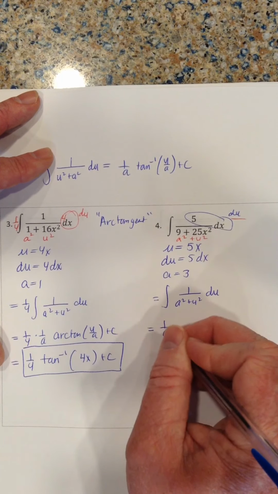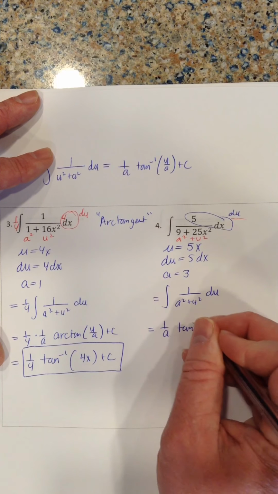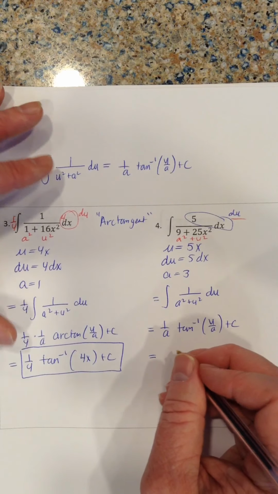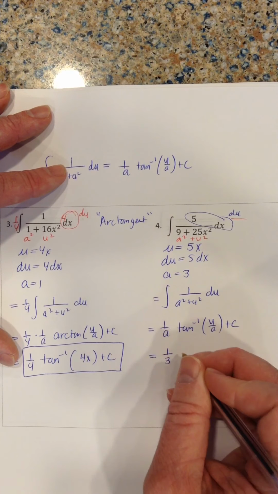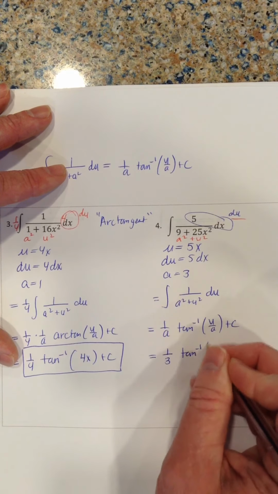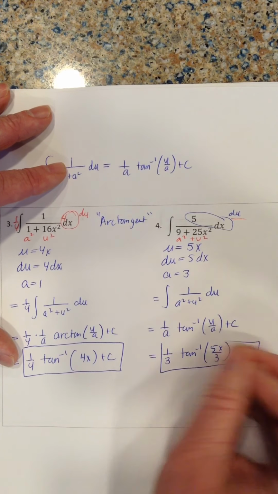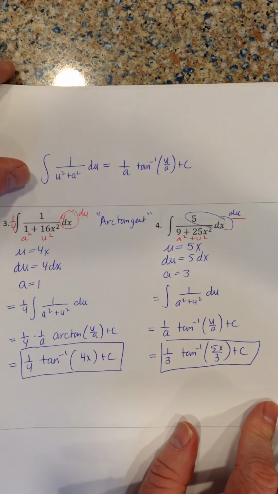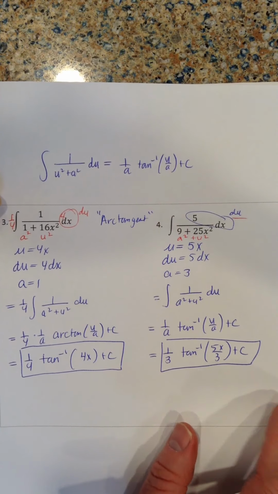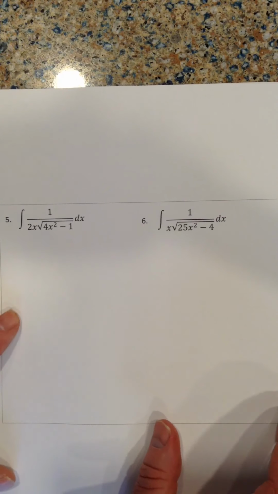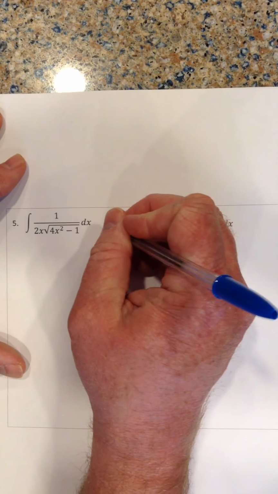So that's 1 over a arc tangent of u over a plus c. So I get 1 over 3 arc tangent of 5x over 3 plus c by just following the rule. You're going to find there are a lot of integrals you can take by just knowing the rule from the table.